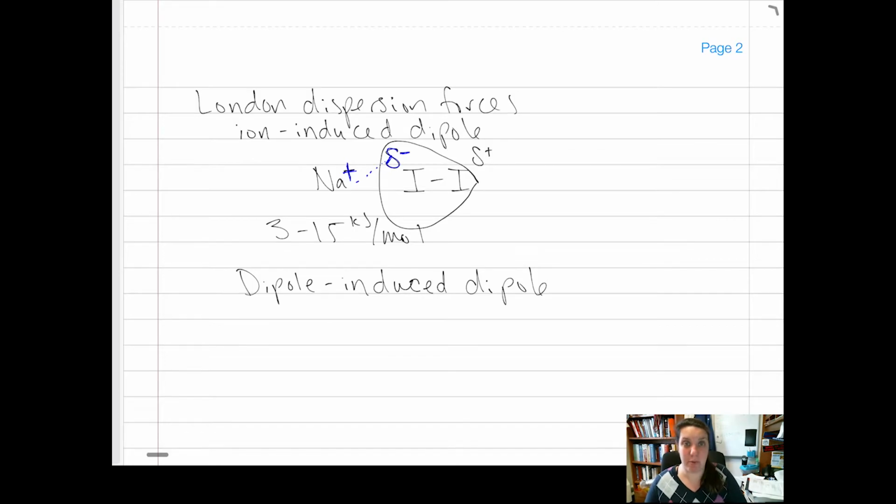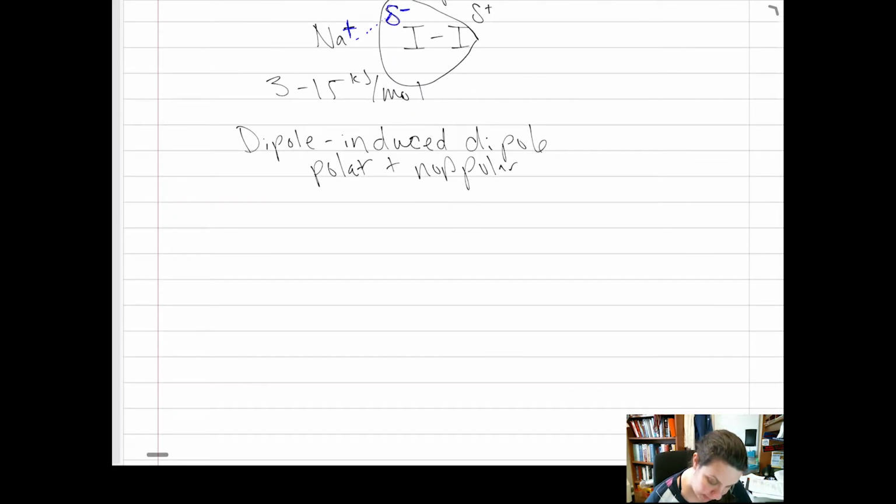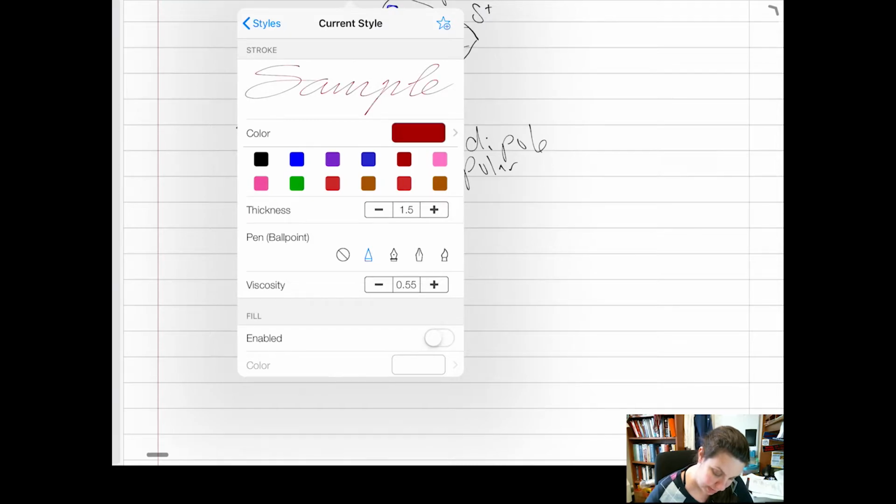So with this one, we have a polar molecule interacting with a nonpolar molecule. You would see this with carbon dioxide in water. Carbon dioxide itself is a nonpolar molecule due to symmetry, but we can induce a dipole.